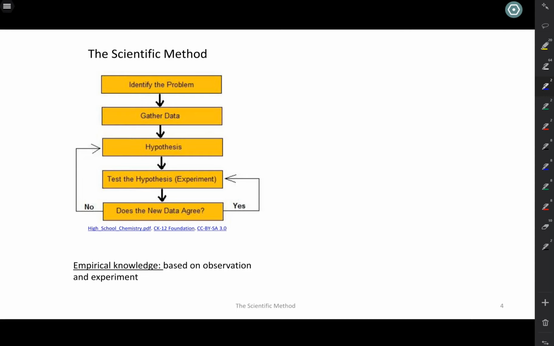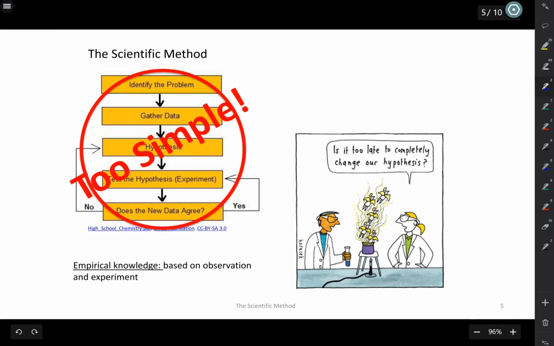We look at that data, and then we determine, hey, does that data agree with our hypothesis or not? Okay, you've probably seen this over and over and over, and I'm here to tell you, well, it's way too simple. Okay, and the answer to this little cartoon over here on the side is no, it's never too late to completely change one's hypothesis.